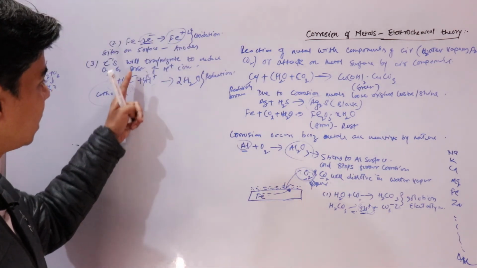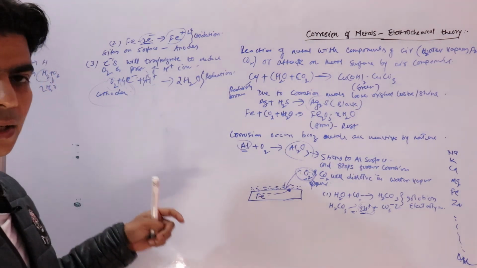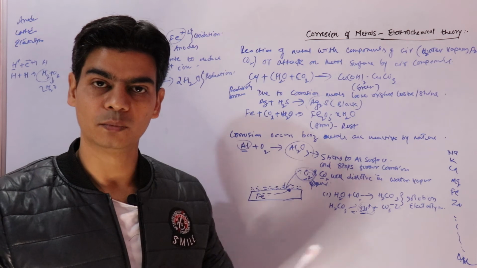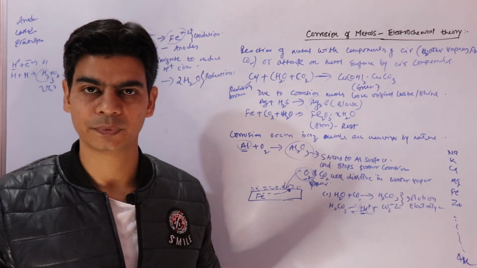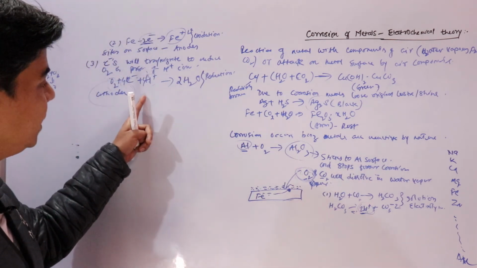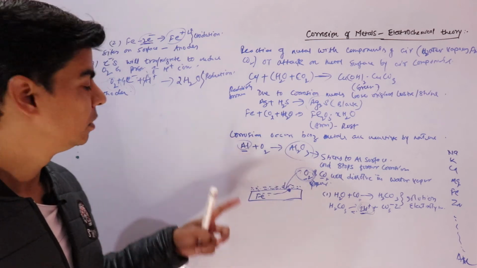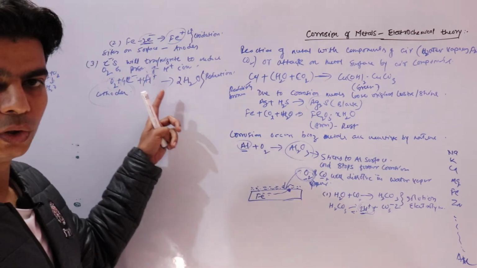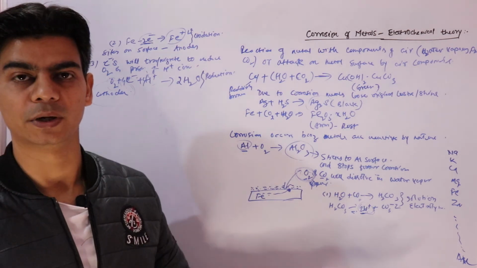So hydrogen ions will promote corrosion. The environments with more hydrogen ions are acidic environments. So where we have pH less than 7, corrosion of iron is promoted.